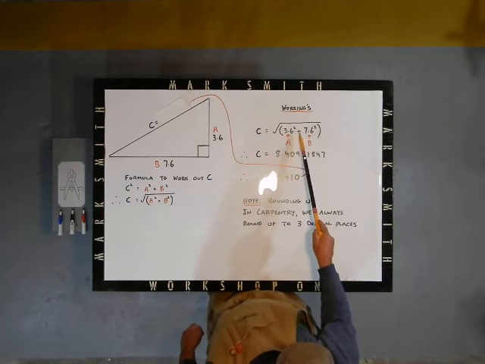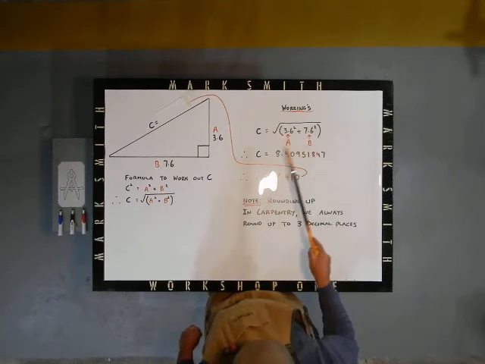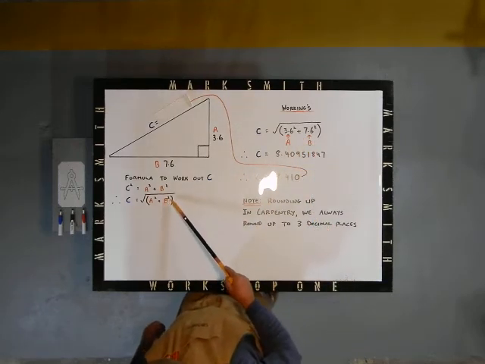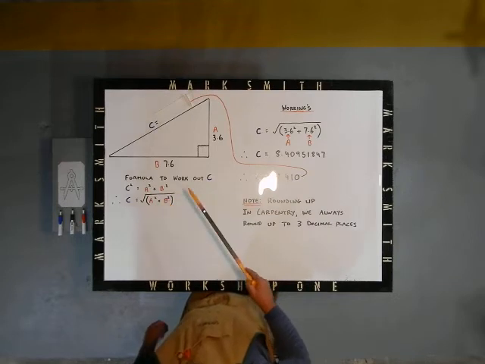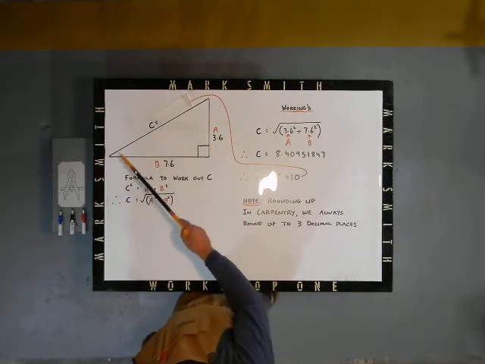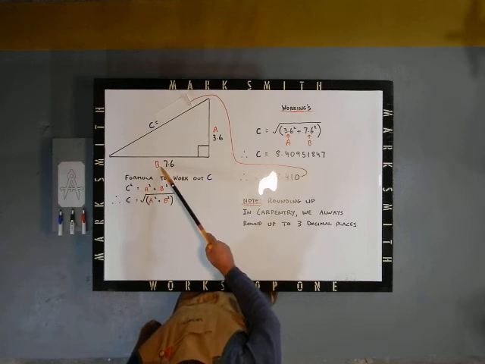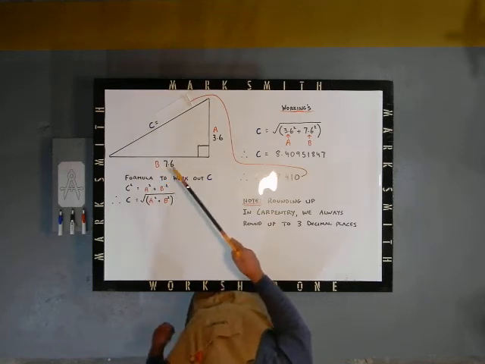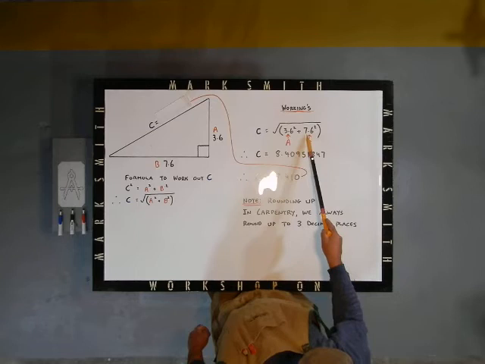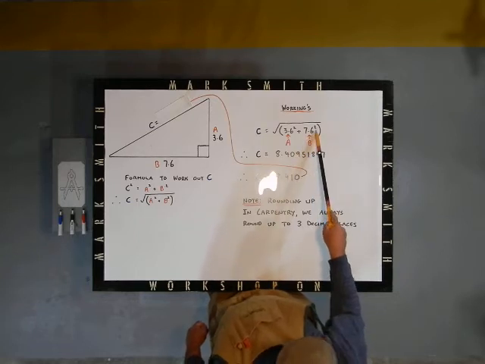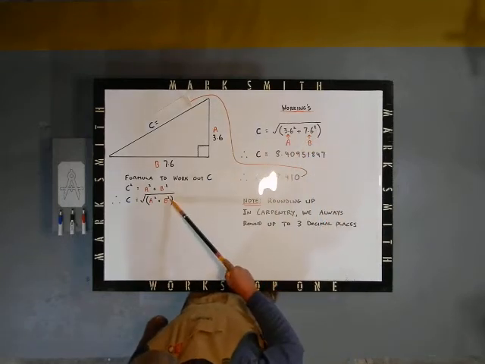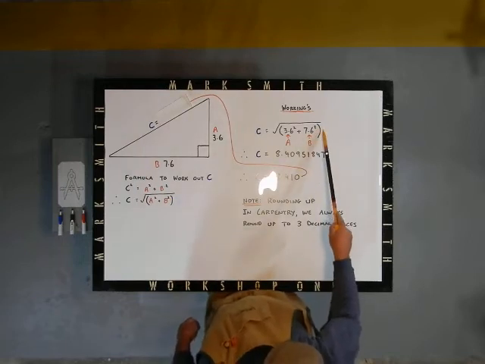plus, and then I want to find B, because the formula needs B. I go up to my triangle, look at B, and it tells me it's 7.6. So I put in 7.6 squared, because it's got to be squared, and then close the bracket.